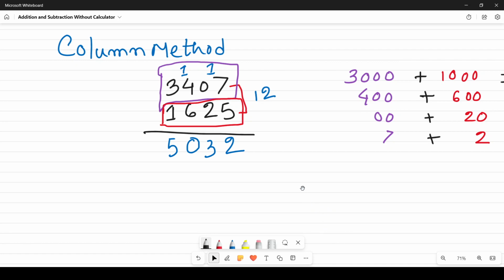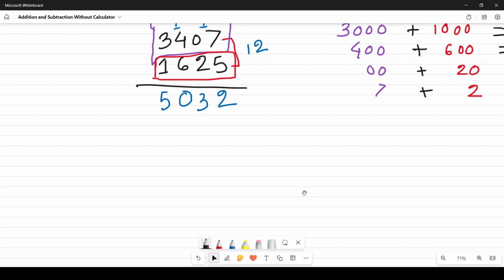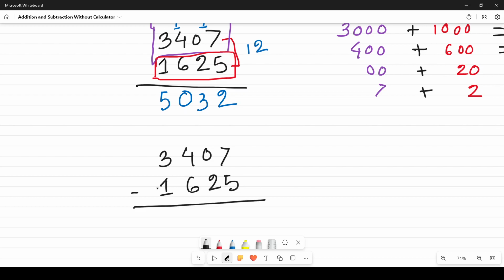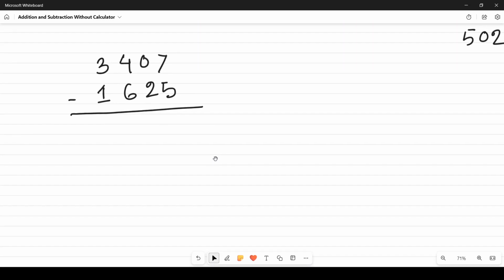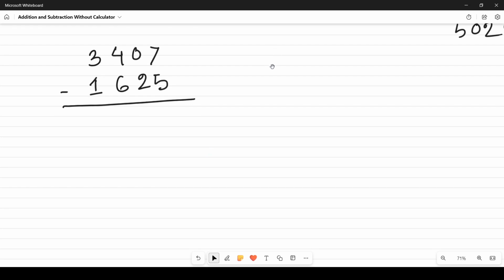So we have seen how to add two large numbers, and now we are going to see how to subtract two large numbers. Okay, so let's subtract these two same numbers. 3407, 1625. So when subtracting, we need to remind ourselves that we don't want a negative value.